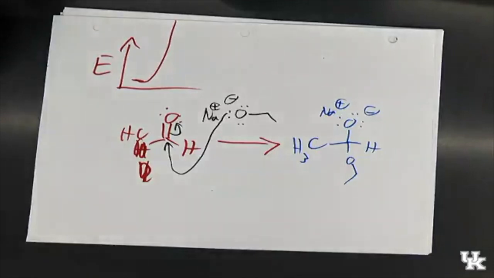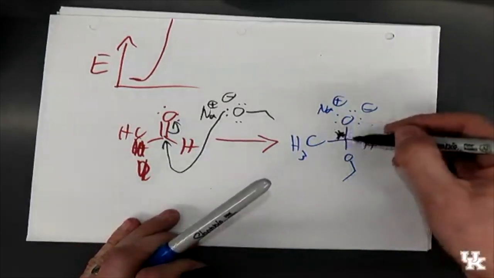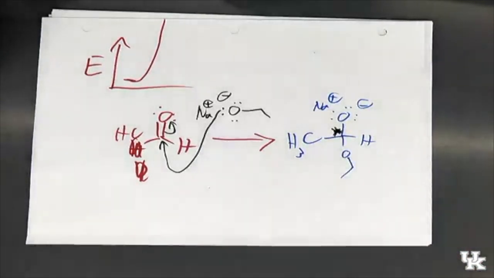Because it has a carbon with 4 unique, that's an asterisk, 4 unique functional groups. However, if you notice, I did not put any bonds or wedges and dashes there, did I?